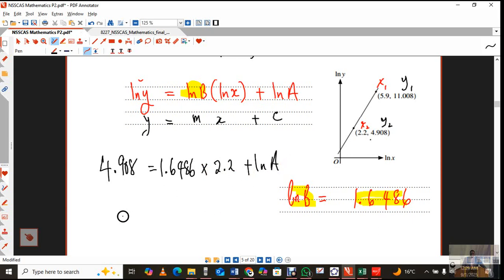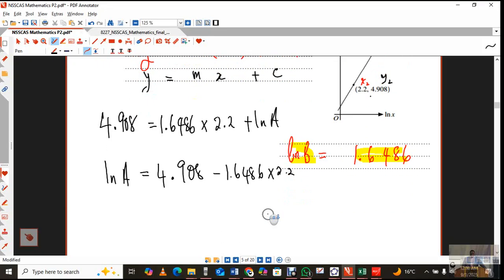So the natural log of a should be 4.908 minus 1.6486 times 2.2.